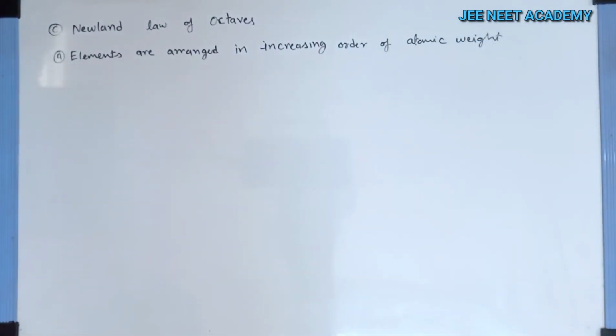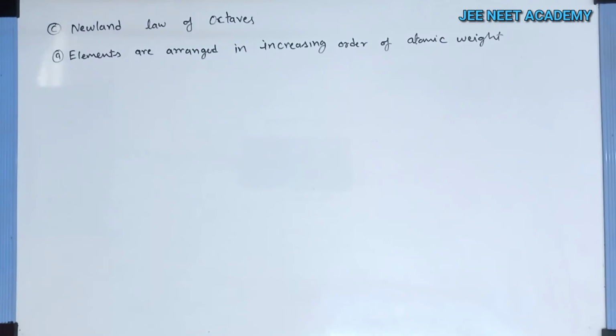So here it is satisfying Dobereiner's theory, but the second point, every eighth element has the same property as the first element, is different from Dobereiner. He was creating the triads, but Newlands made groups of eighth elements.